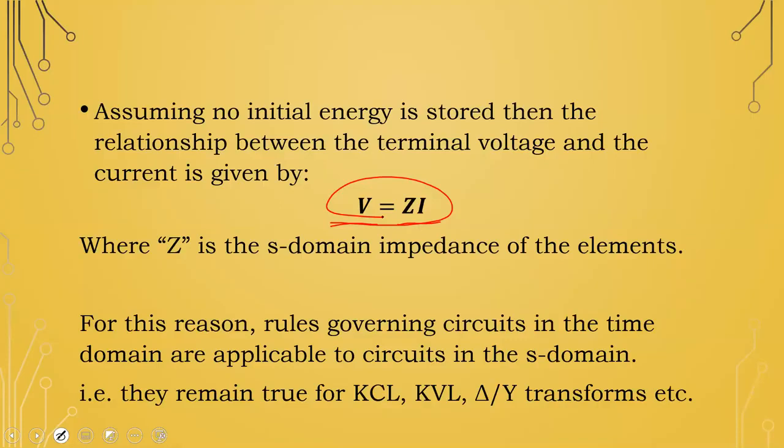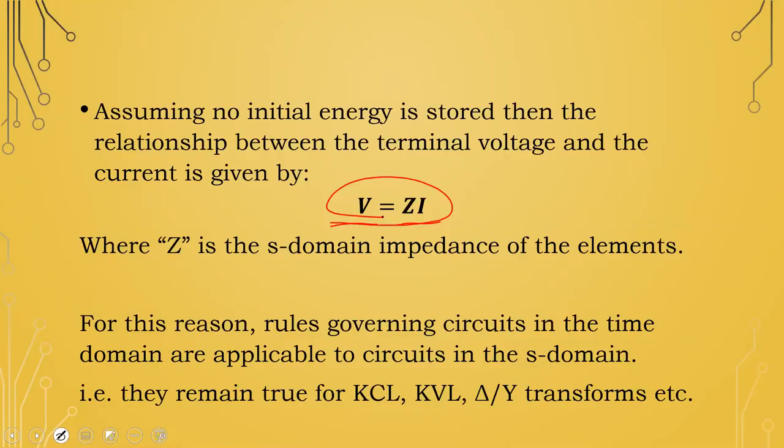And by that I mean the resistor, we just went through the representation for the resistor. So the resistor remains R. The inductor becomes SL, and the capacitor becomes 1 over SC in the frequency domain. So once you have those representations in the frequency domain, you can then apply these general rules.